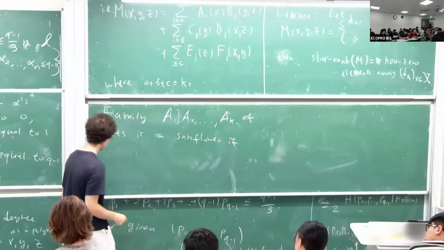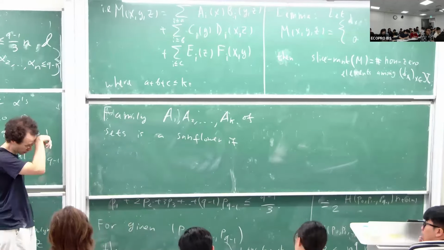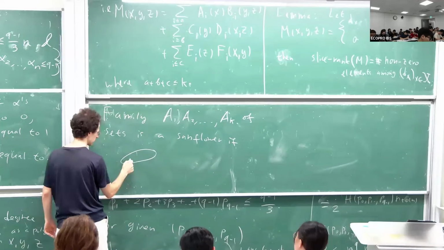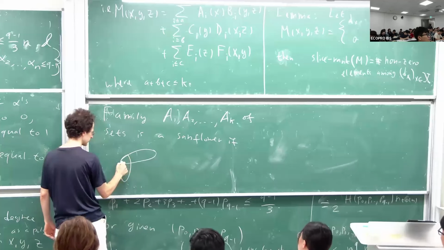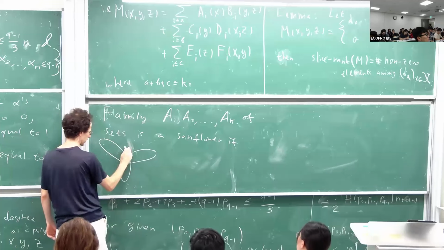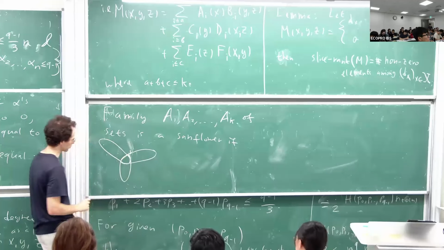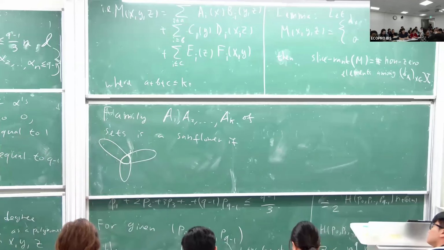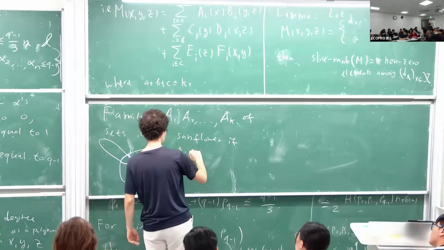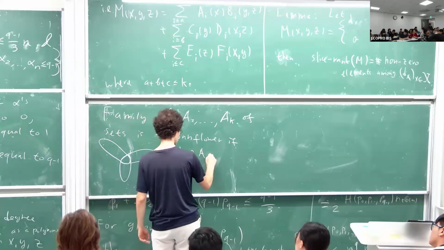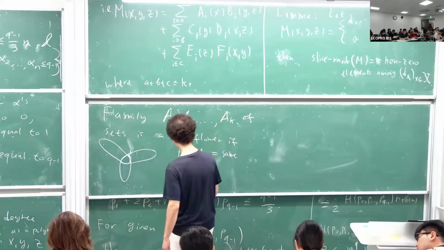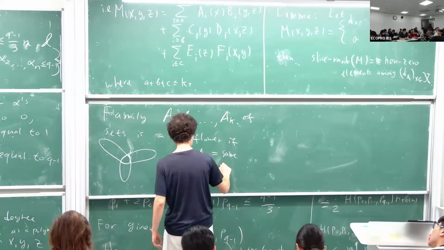Well, when you draw a Venn diagram, it looks like this. This is my first set, this is my second set, this is my third set. I'm not good at drawing, so 3 sets is good enough. The condition is that Ai intersect Aj is the same for all pairs i, j.